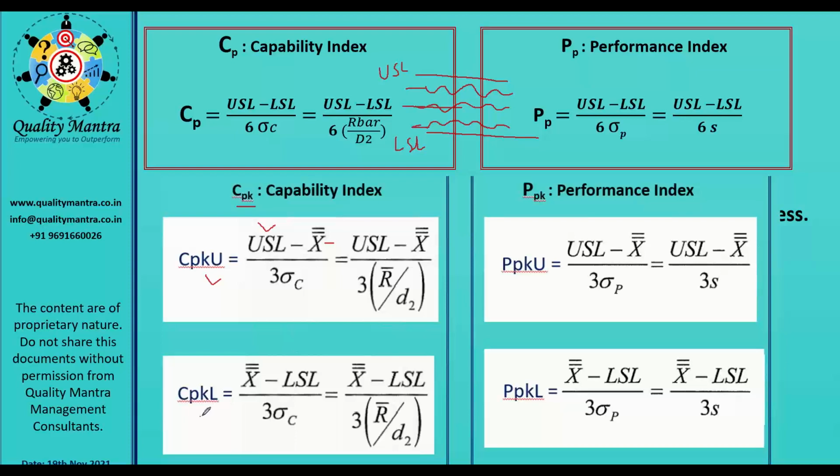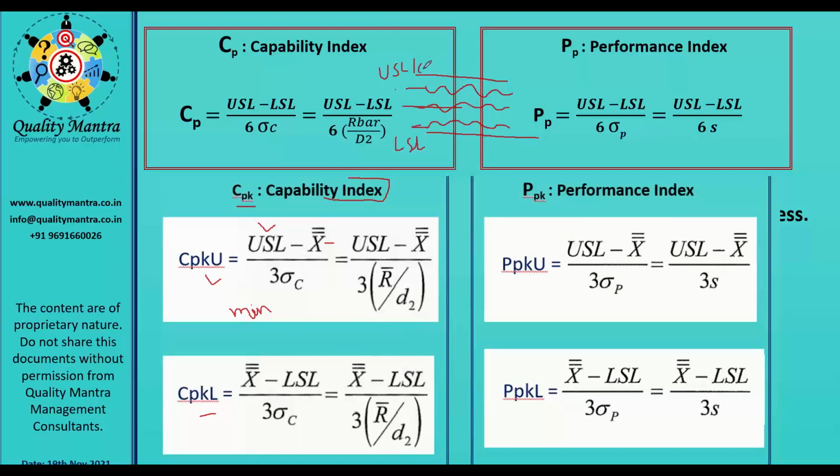And for CPKL, you are subtracting: X double bar minus the LSL, that is, the average value minus the LSL. Of the values of CPKU and CPKL, the lower of these two, the minimum value of the two, is considered as the capability index, the lower value of both.